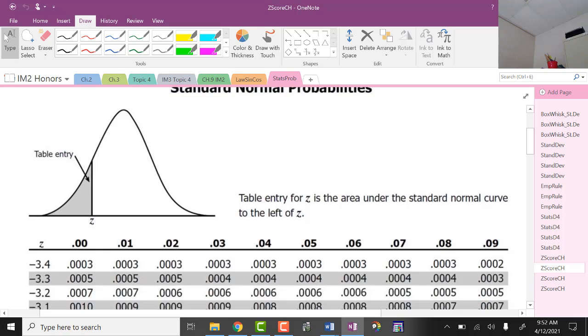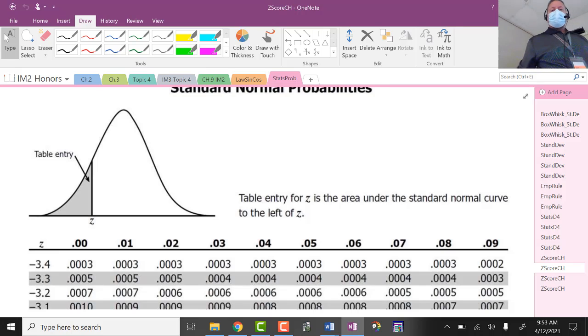So these are z-scores off to the left, -3.4, -3.3, and so on. Now, notice what it says. These areas listed in the chart are the areas left of the z-scores that are listed.